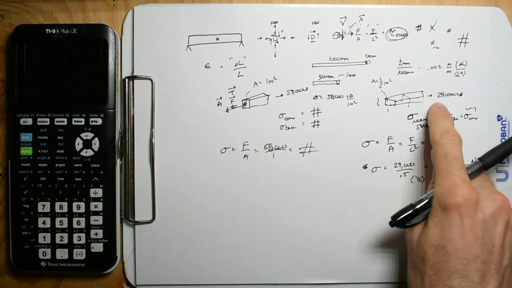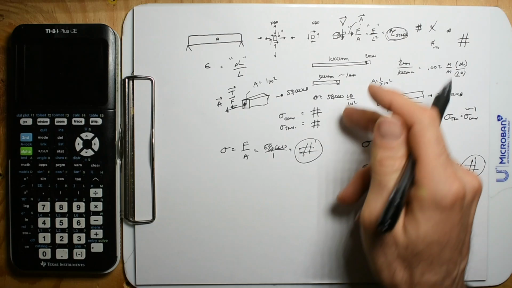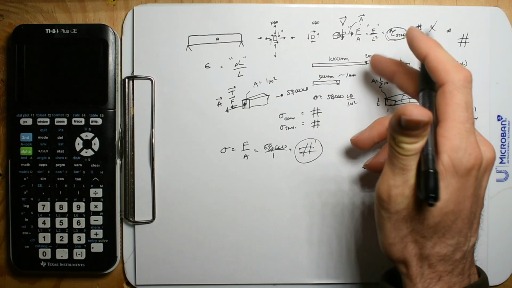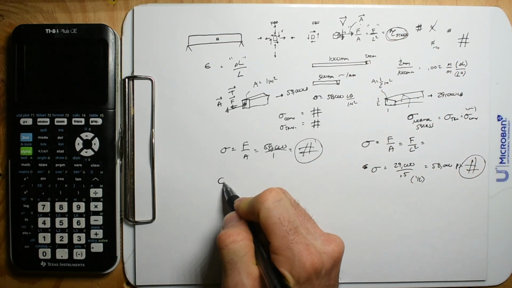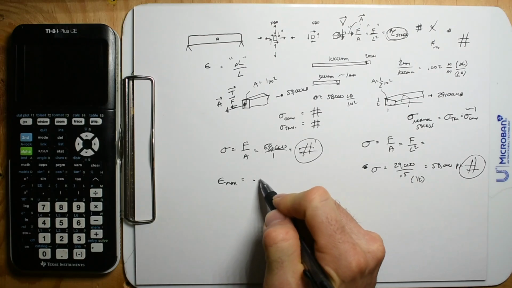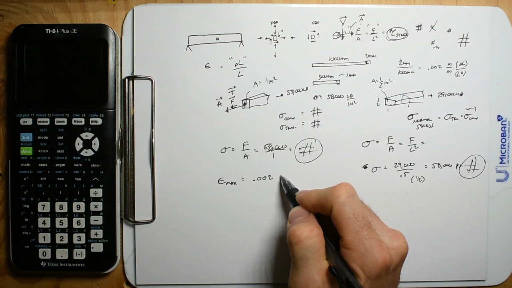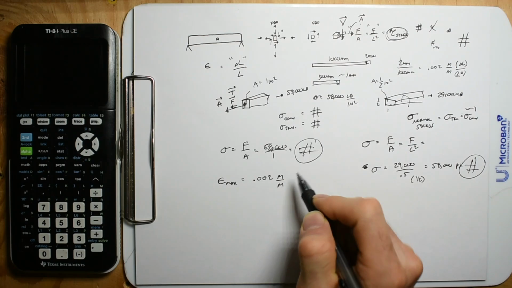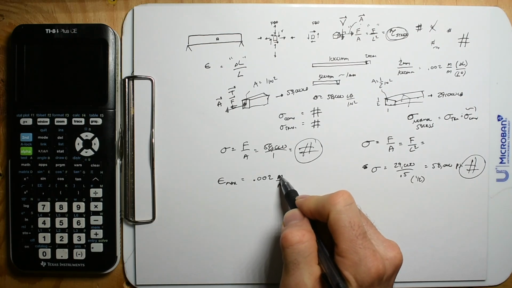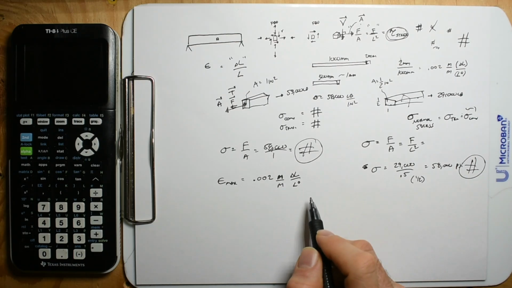Because we just said the two things that were similar was this max number. So even for two different lengths, the max strain is still going to be the same. If it's steel, it can only see a strain of 0.002, which is a ratio. It's dimensionless units, but it's length per length, a change in length per initial length.